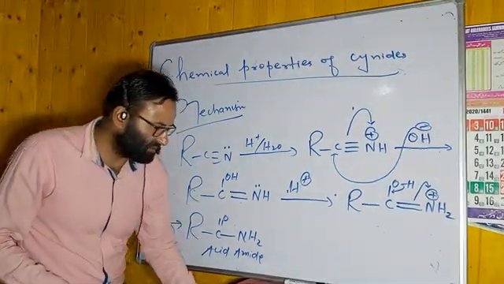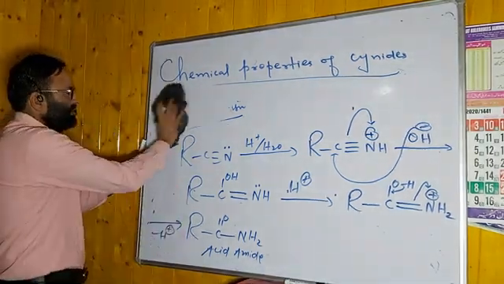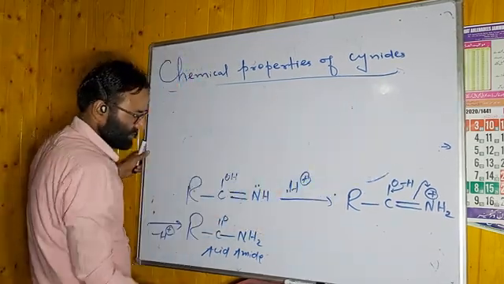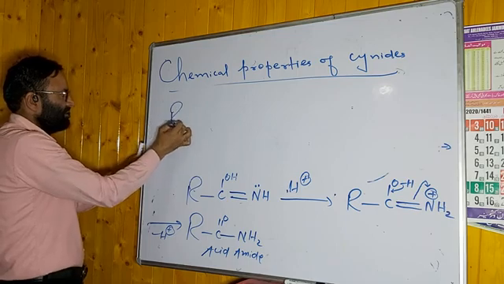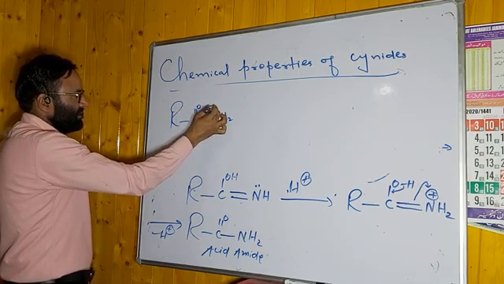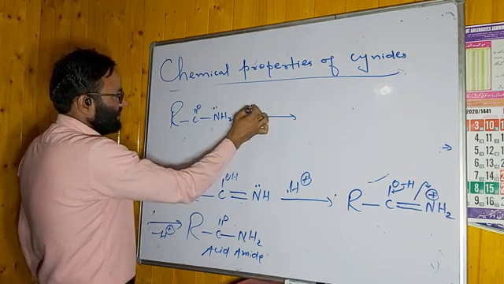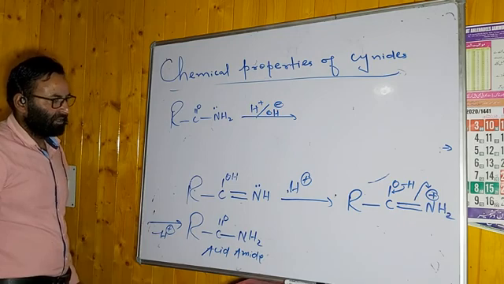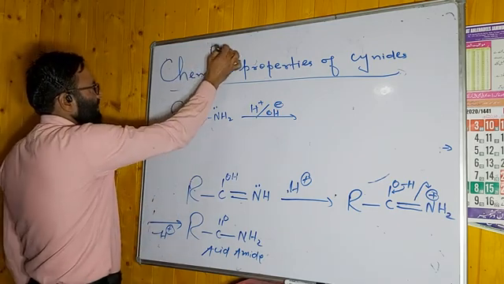Now if you want to bring the complete hydrolysis, what will happen? Now you have to start with the amide, R-C double bond O-NH2. There will be acidic hydrolysis. You can also carry out the basic hydrolysis. But when it is the base, what will happen? Remember this point.